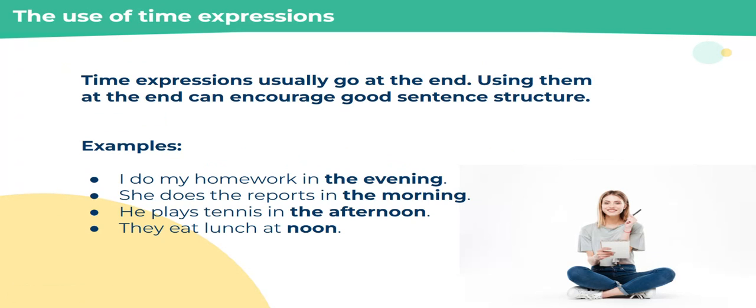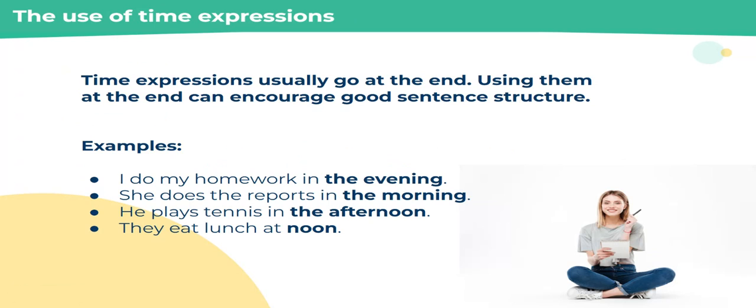Now, within good sentence structure, we often want to use time expressions. Time expressions usually go at the end of a sentence. Using them at the end can encourage good sentence structure. Here are some examples. I do my homework in the evening. She does the reports in the morning.